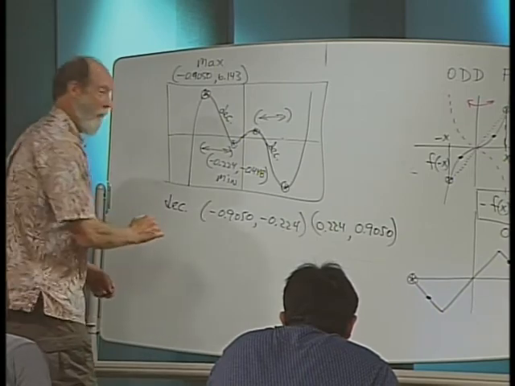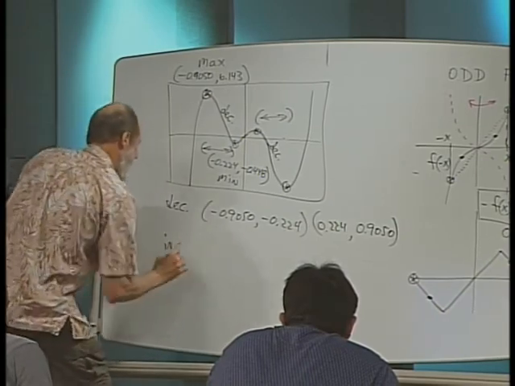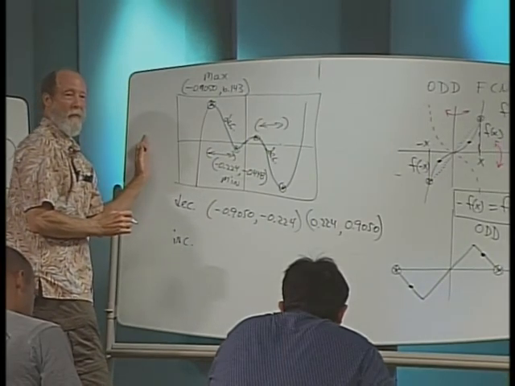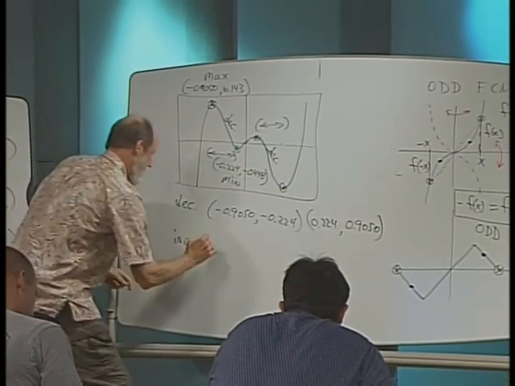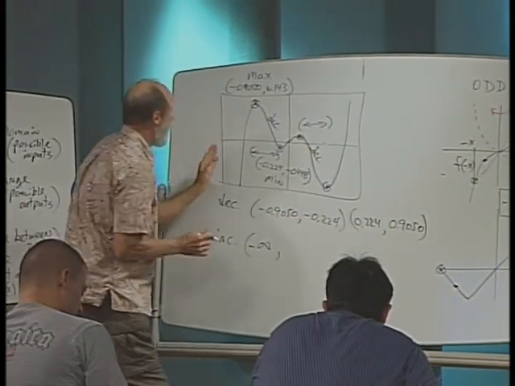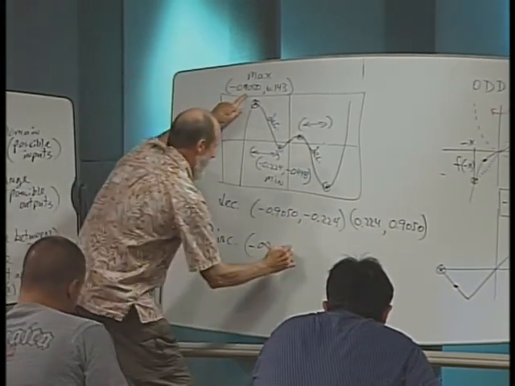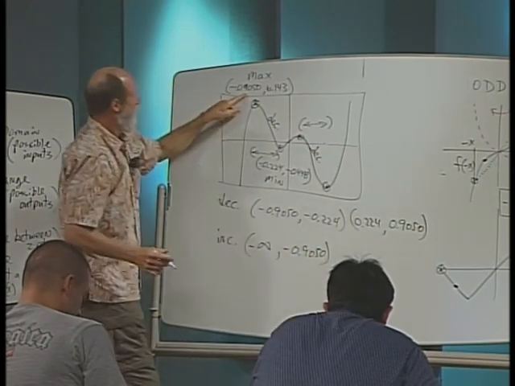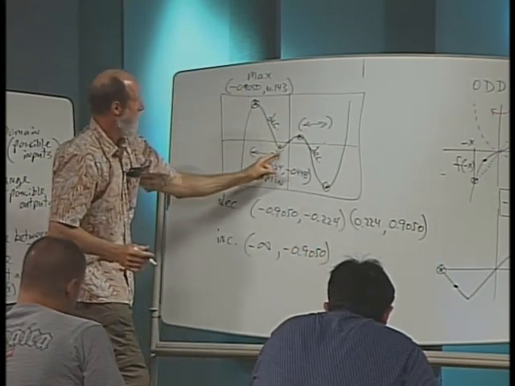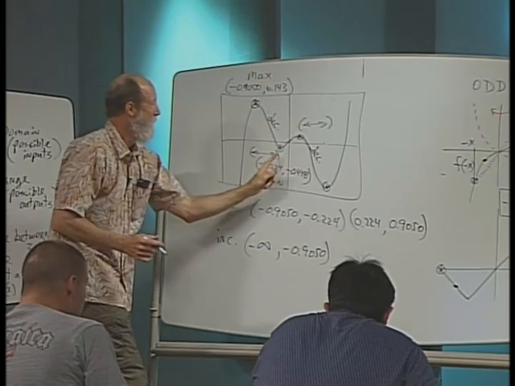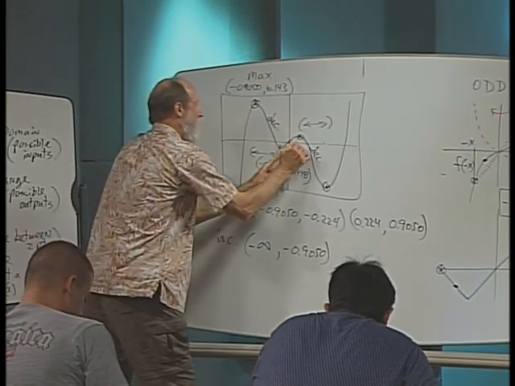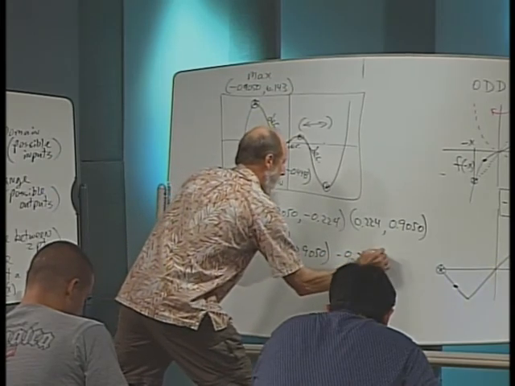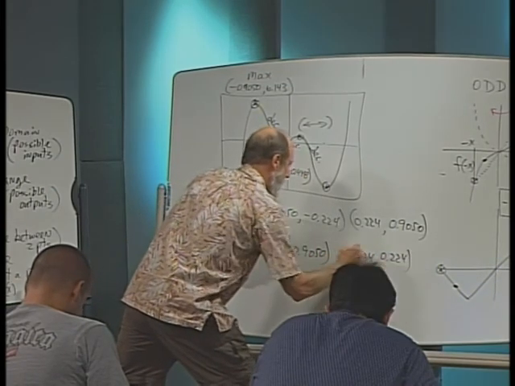And what about regions of increasing? Doesn't it start off to the left here, from negative infinity on the left, coming over to this -0.9050, and then another increasing interval from -0.224 to positive 0.224.